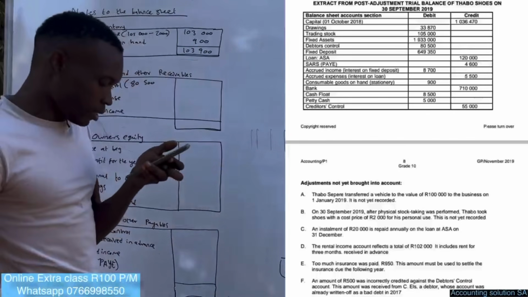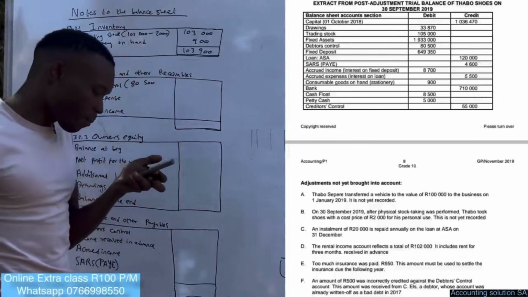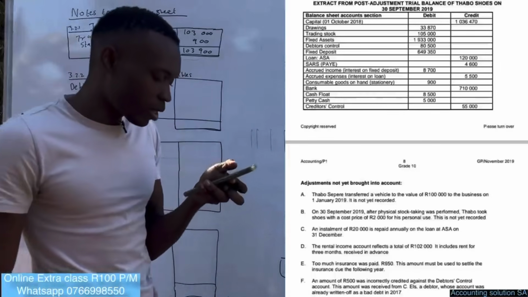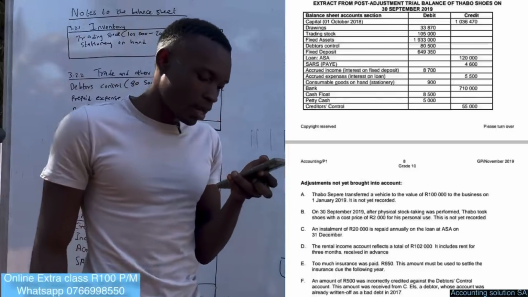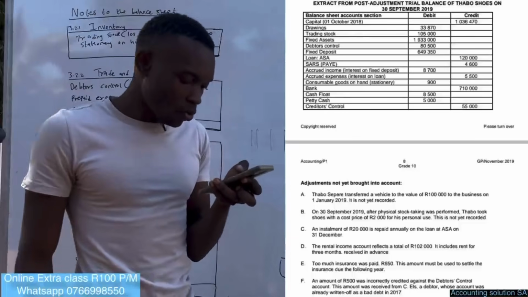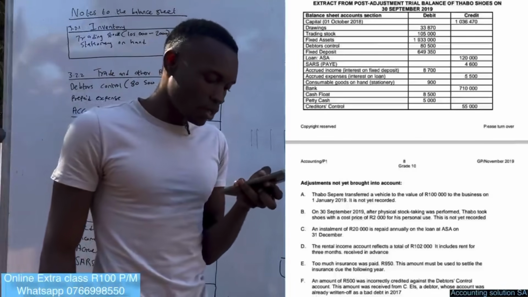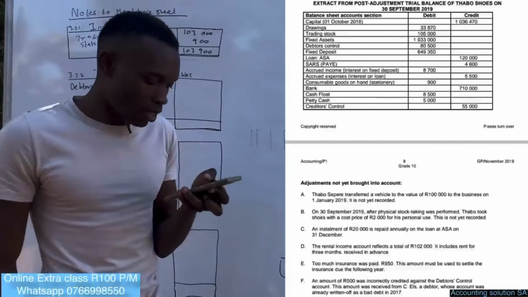Let's check additional information number F. An amount of 500 was incorrectly credited against the debtors control account. This amount was received from C, else a debtor whose account was already written off as a bad debt.